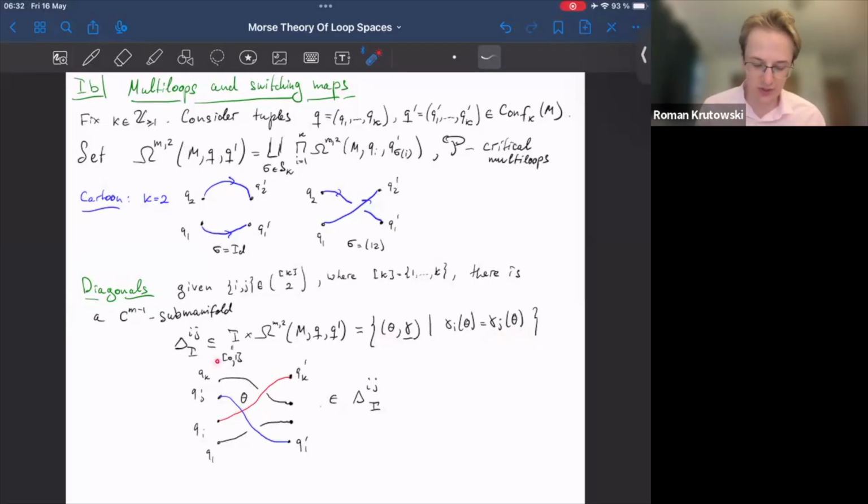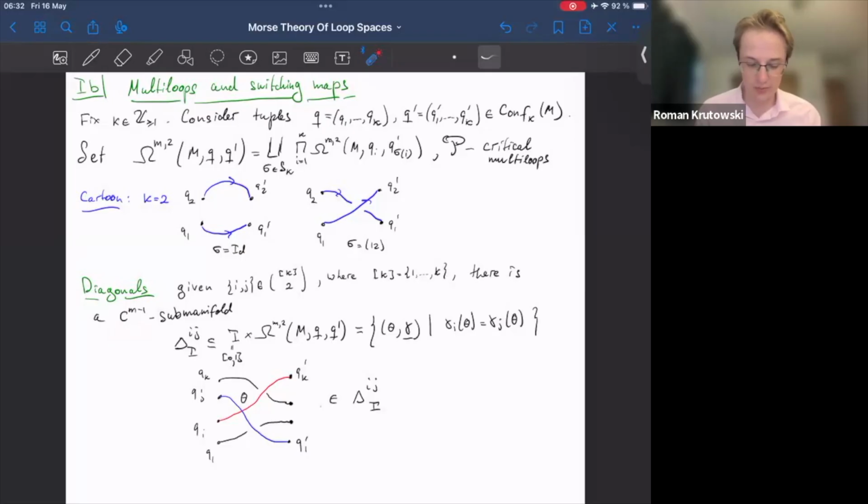Notice that adding this segment here is important because the evaluation map like this is a C^(m-1) map, and you can apply the pre-image of the diagonal in, say, M times M to show that this is a smooth manifold.